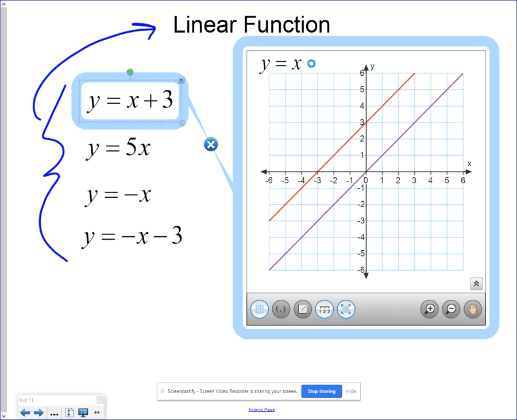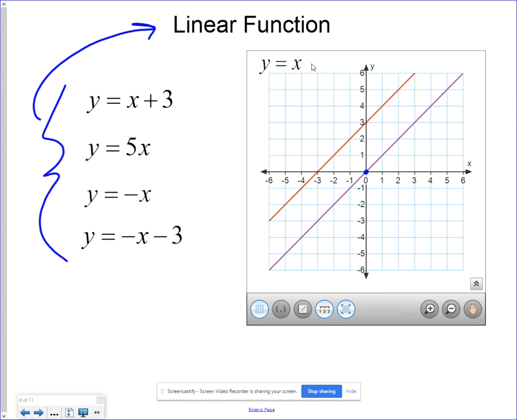Basically, it took every point on this line and moved it up 3 units. If you pick a point on this line, go up 3 units: 1, 2, 3. Make a point. It moved all the points up 3 units.